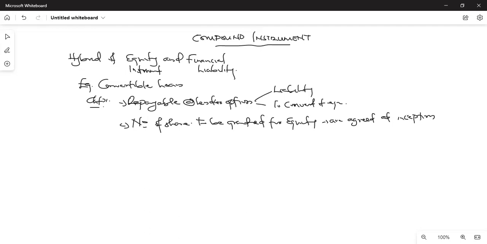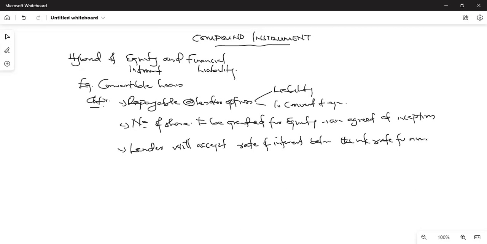So we say that because of this, the lender will accept a rate of interest below the market rate for non-convertible instruments.